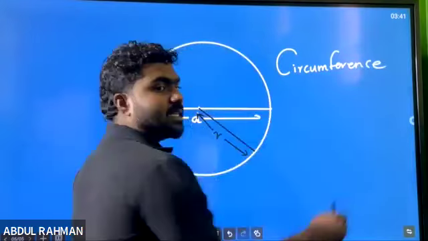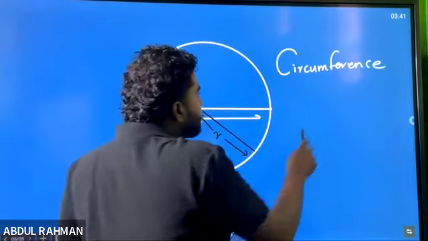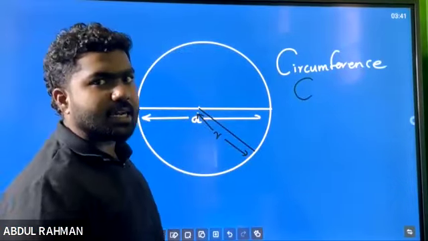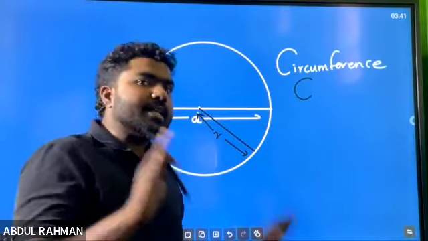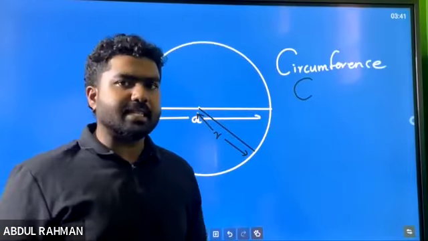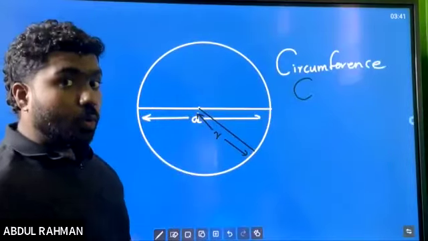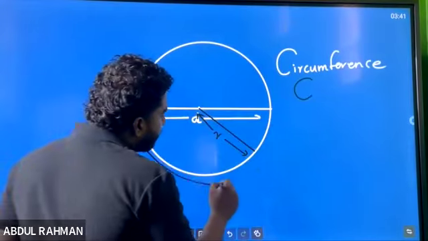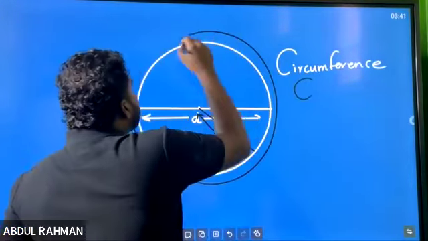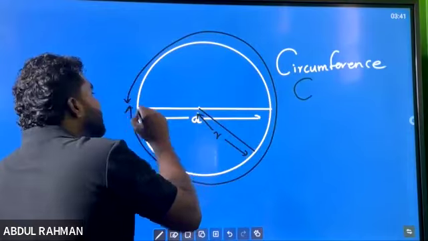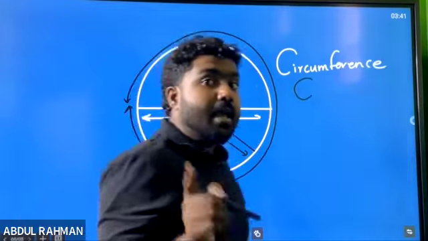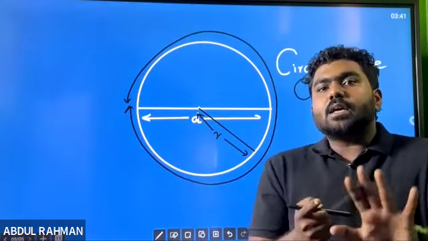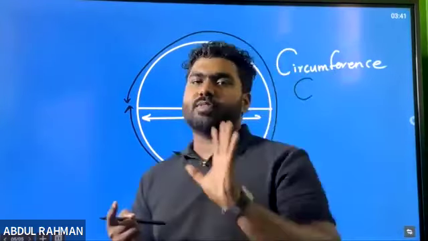How will you denote circumference? Circumference is given the symbol capital C. Now, what is circumference? The curved length of the whole circle, or in other terms, the perimeter of the whole circle, is called circumference.